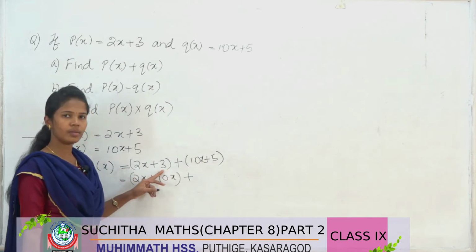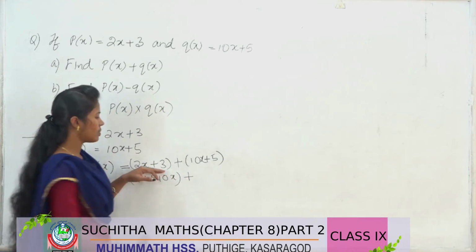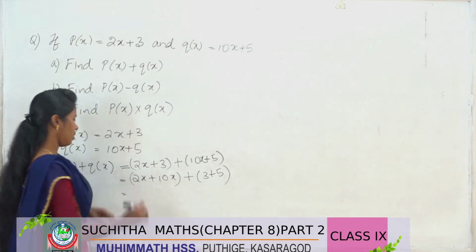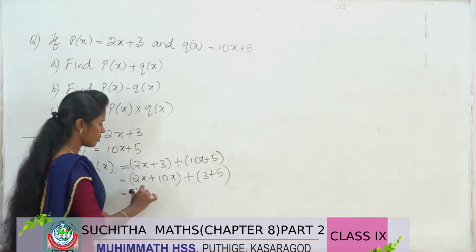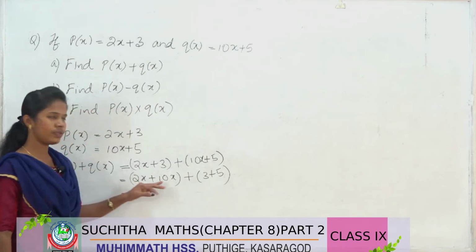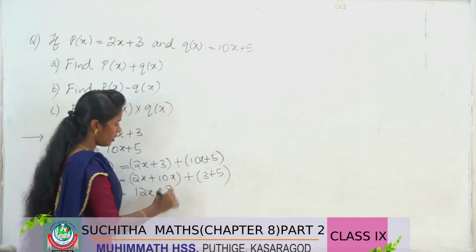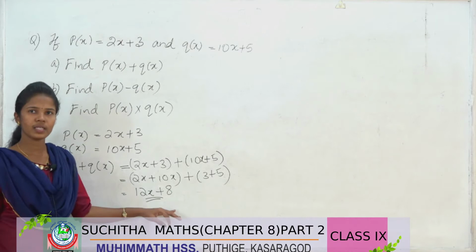Here the constant term is 3 and here the constant term is 5, so constant terms are 3 plus 5. 2x plus 10x is 12x, only add the coefficients. Plus 3 plus 5, 8. So p of x plus q of x is 12x plus 8.